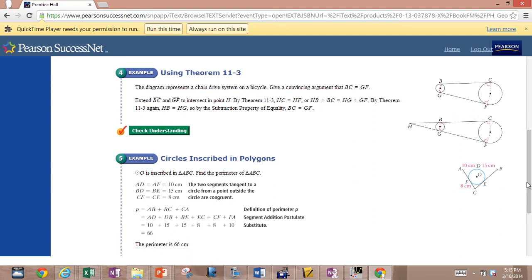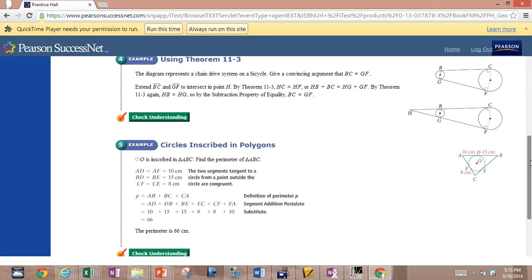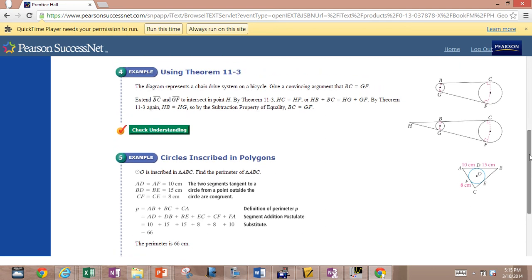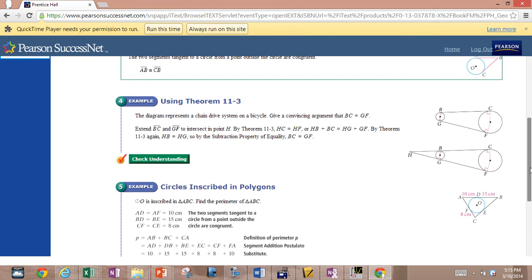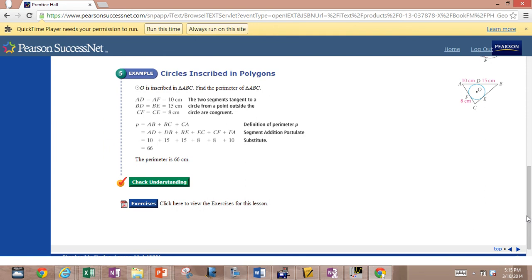We're going to look at what happens when this triangle is circumscribed about a circle, or the circle is inscribed in the triangle. We're going to see how the parts are split off using this Theorem 11.3. Things to think about for what we do in class tomorrow.